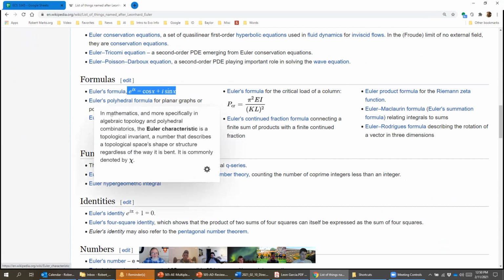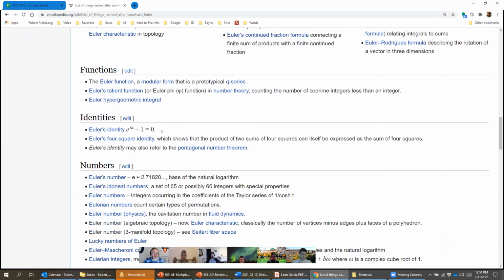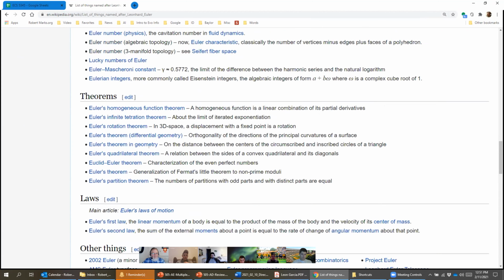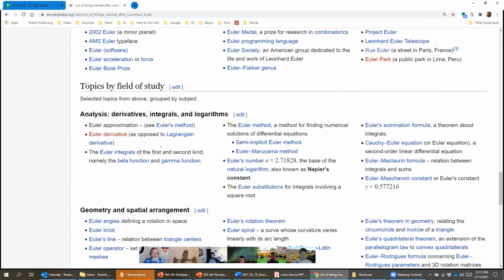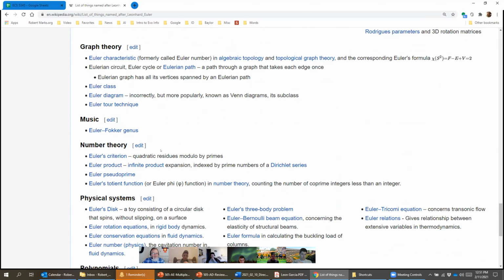Polyhedral formula. Man, I wish I had time to go into this. This was really interesting. It's applicable to any polygon that you write out. And so it goes on and on. Numbers, Euler's number, there it is. e is equal to 2.7, the base of the natural logarithms. Theorems, laws, topics, derivatives, integrals, and logarithms, geometry and spatial arrangements, graph theory, music.